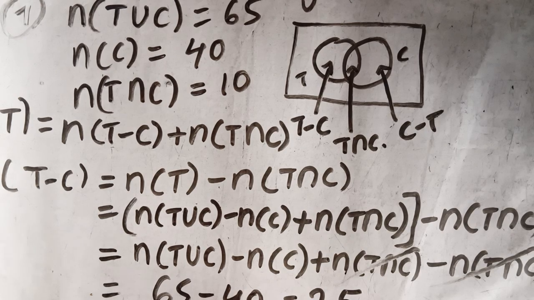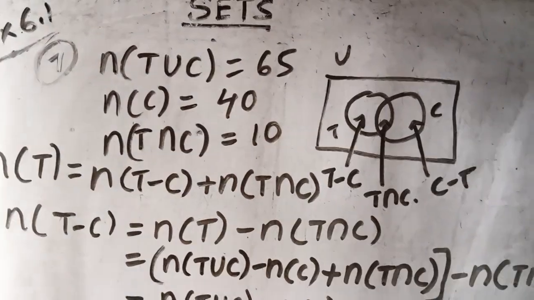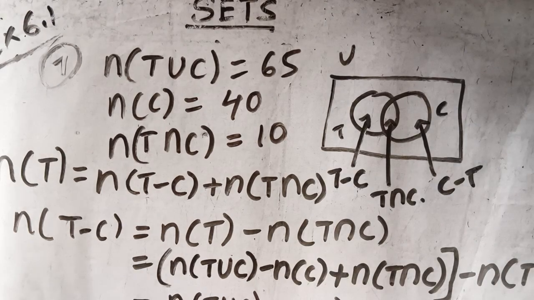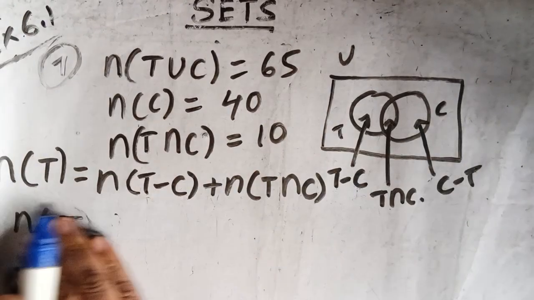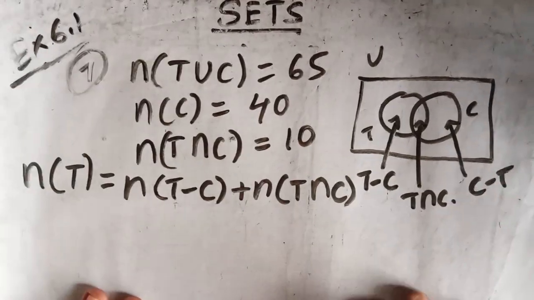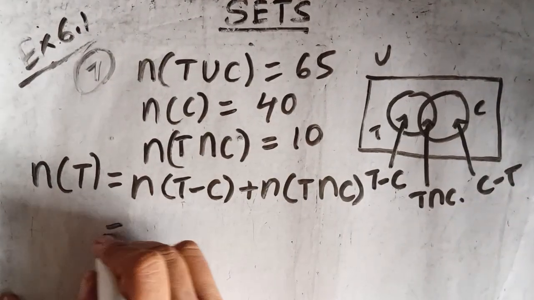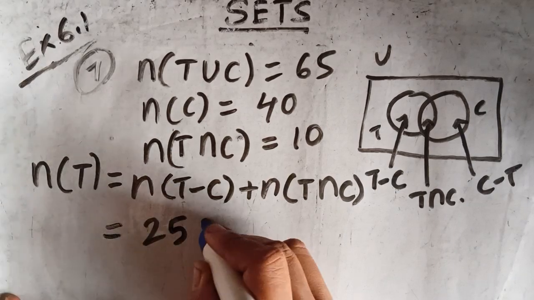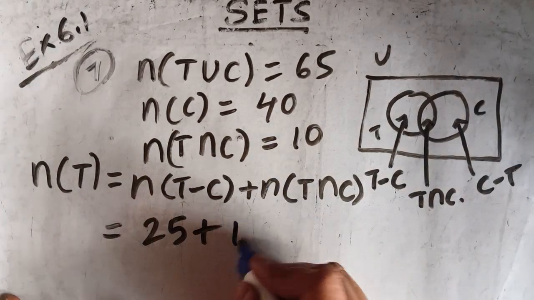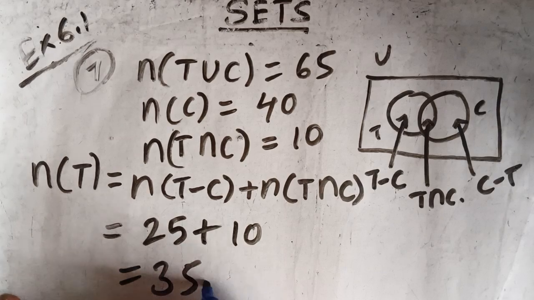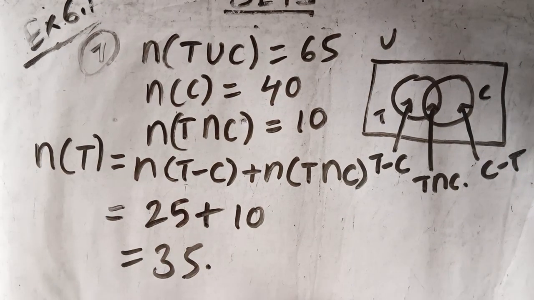That also we have to find, right? So we have this value 25 plus this 10, which is 35. So 35 like tennis.